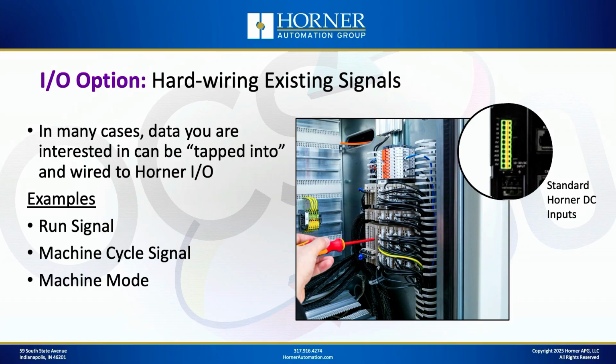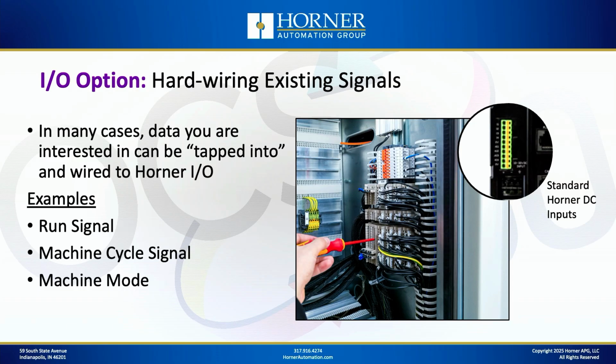All right, so some examples of some signals that you might want to tap into, maybe the run signal. So if you've got a machine efficiency program and you want to know when your machine's running and not running, that's a simple thing you can tap into. Your machine cycle signal. So if you're looking to keep track of the production and efficiency of the machine, that's another signal you can tap into. You can basically monitor the machine to see what mode it's in at any given time.